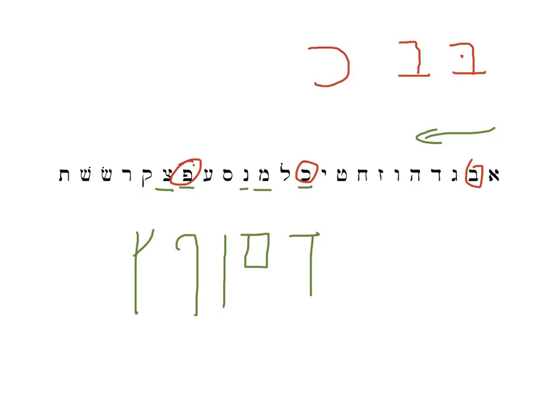When Kaf has a dagesh, it sounds like K as in kite. When Kaf has no dagesh, it sounds like Ch as in Bach. Pei, when it has a dagesh, sounds like P as in potato. When it has no dagesh, it sounds like F as in phony.